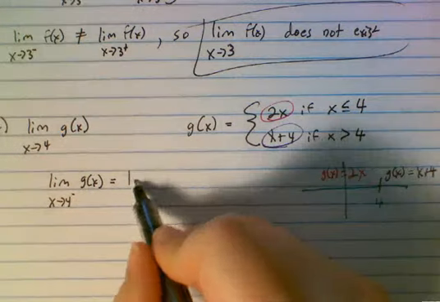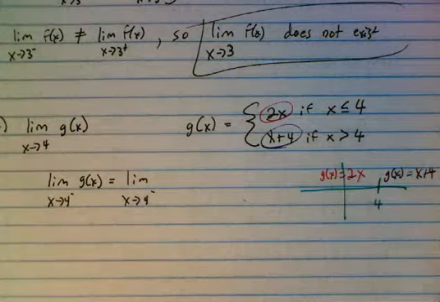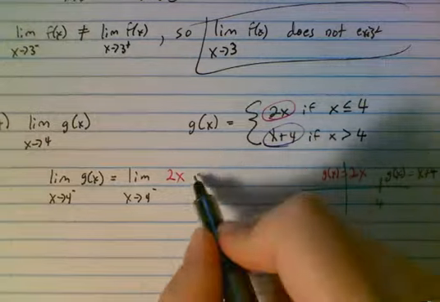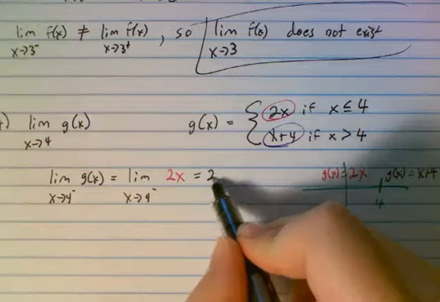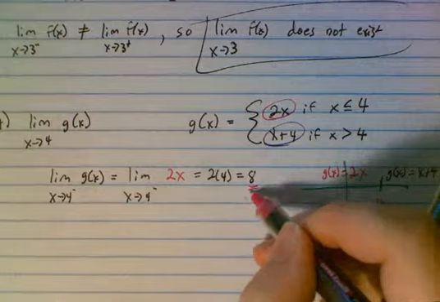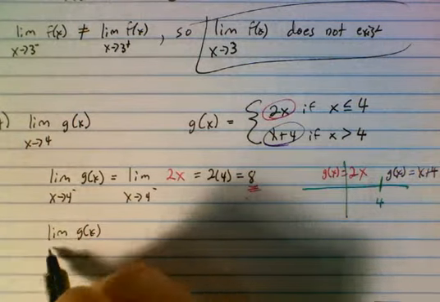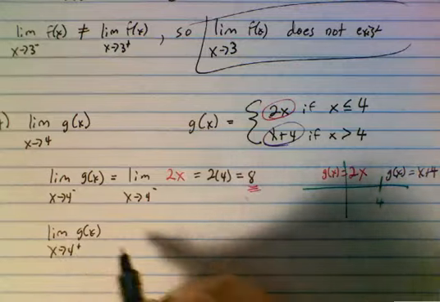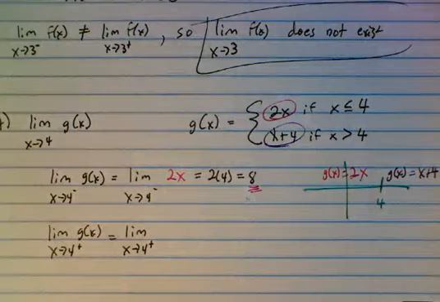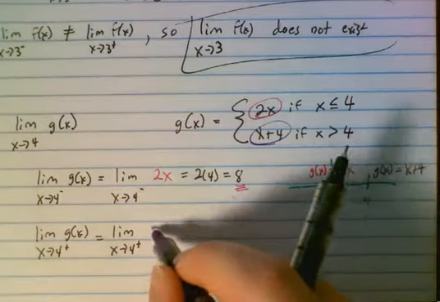And if we do that, we're going to use the left side function, so that's 2x. So that's going to be 2 times 4 equals 8. And we also have to check the limit of g of x as x approaches 4 from the right. So we use the function that's on the right-hand side of 4, that's x plus 4.